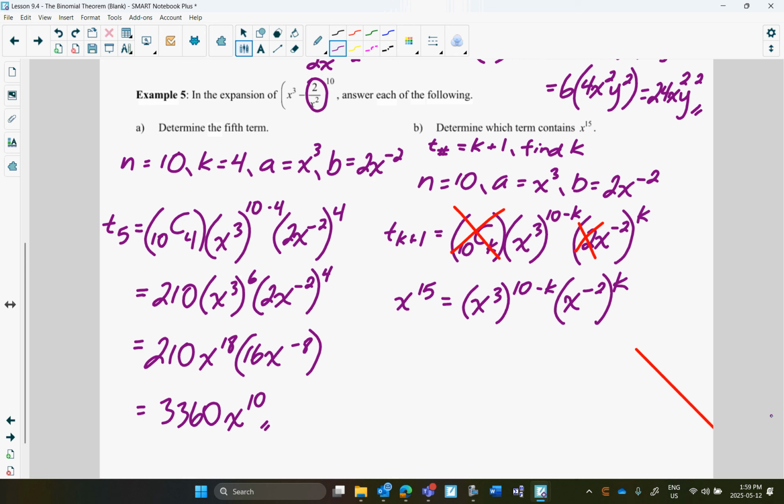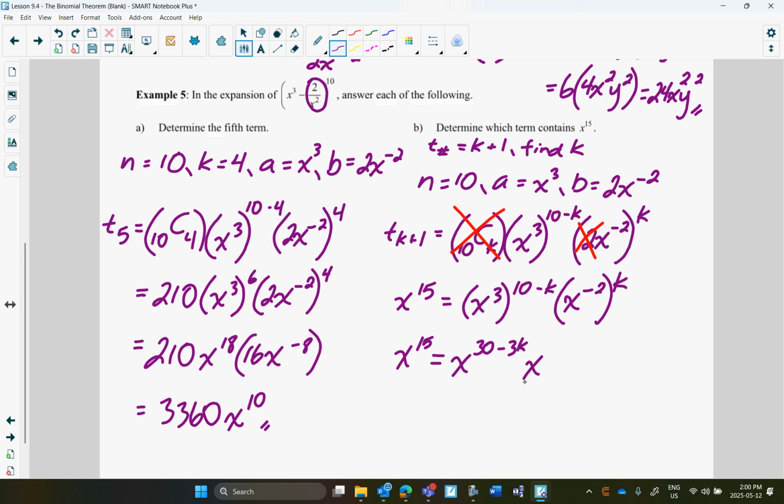That's an exponential equation. We need to write all of this as a single power of x by using our exponent laws. When I raise one power to another power, what do I do? So this is the same as x to the 3 times 10, which is 30, minus 3 times k, which is minus 3k.